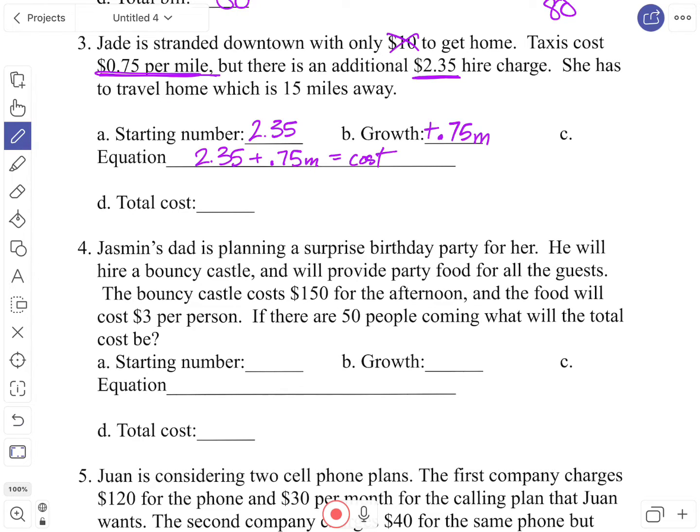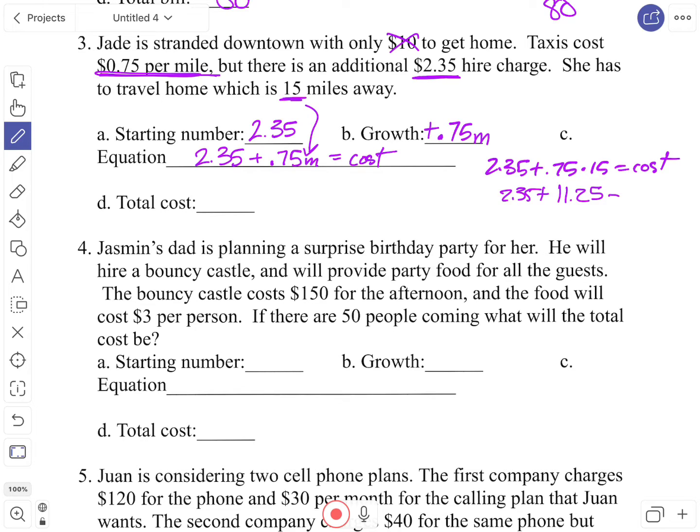Now, her home is 15 miles away, so if we plug 15 into the m, that's how we figure out how much it'll cost total, and thereby we can say, is she going to be able to make it home? Yes or no. That's what we're looking at here. So 0.75 times 15 would be 11.25, plus 2.35.